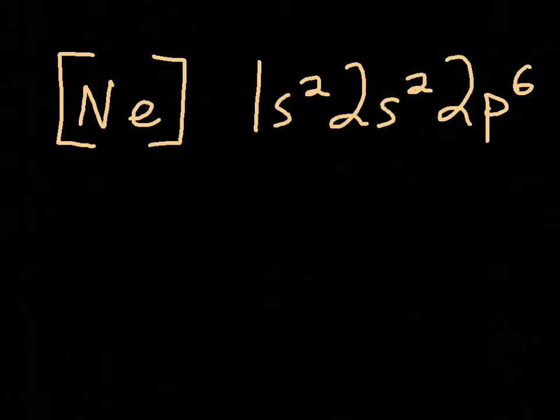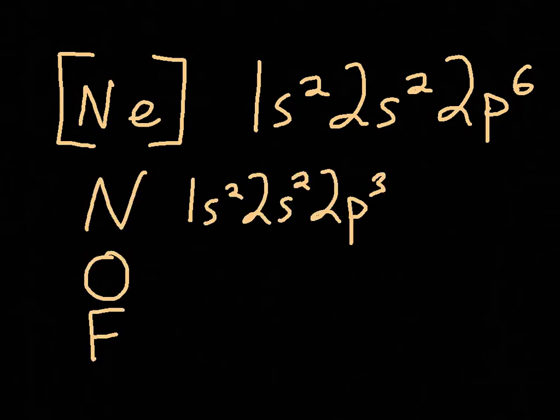There are a variety of elements that can become ions to reach the electron configuration that matches that of neon, 1s2, 2s2, 2p6. Nitrogen's configuration is 1s2, 2s2, 2p3. It requires 3 additional electrons to reach the noble gas state.